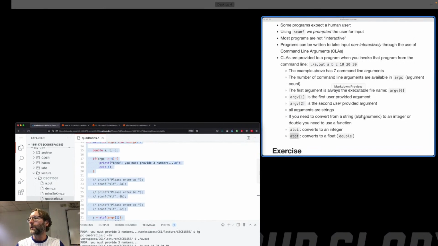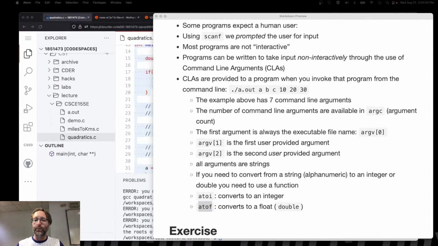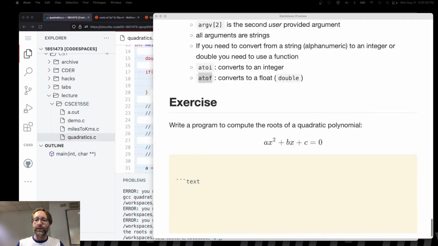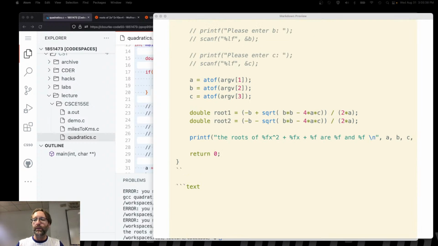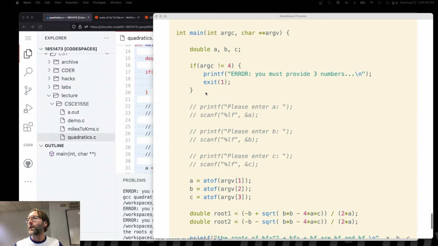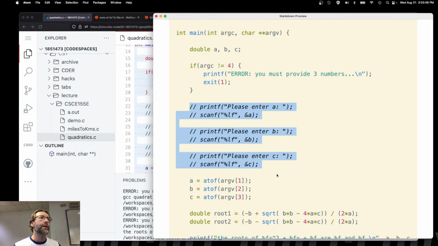Good. Then I will cut and paste it and put it in your notes so that you have the entire thing. And if I were to hand this in as my solution, I would probably lose points on this stuff right here. Remember what we called this? Cruft. Don't leave dead code in your submissions.